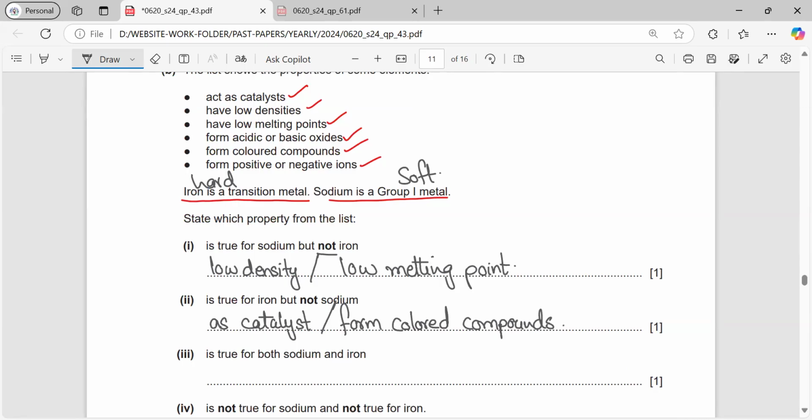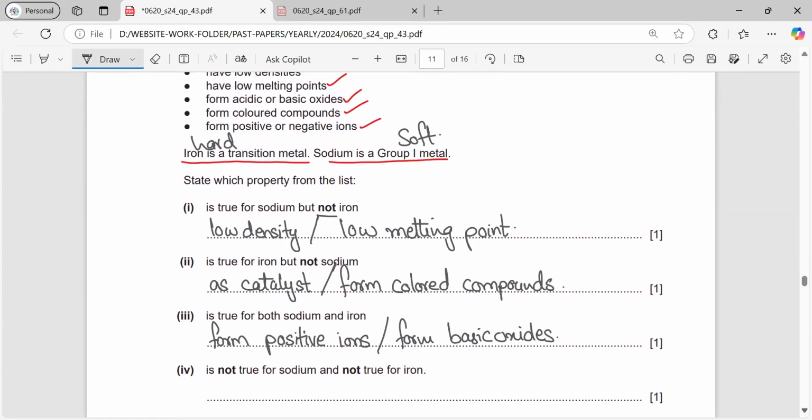Which property is true for both sodium and iron? The property which is true for both is that these are metals and they form positive ions. Or we can also write that both can form basic oxides because they are metals. Metals always form basic oxides.